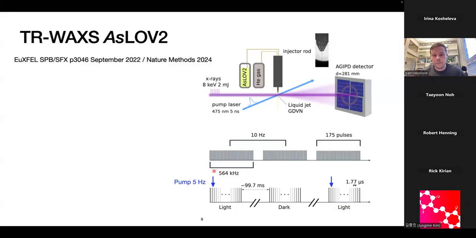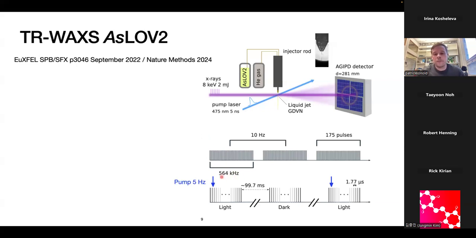In this case, we were running at half a megahertz, so we get about 175 pulses. And our tactic was to pump alternating trains and then read out each individual pulse as a function of delay. So essentially, we pump sufficient sample to span this entire pulse train, and then read out each pulse, which gives us essentially 175 delays at one time, as opposed to doing it one at a time, which is the conventional approach.